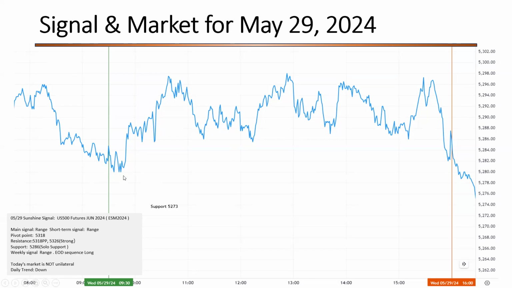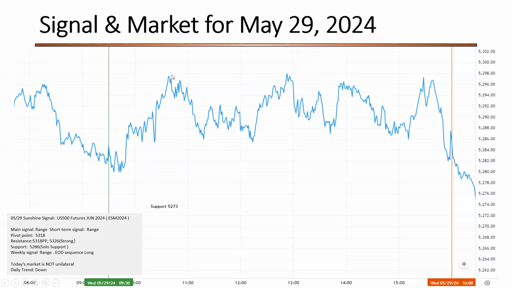So here, when the market bounced up towards 52.90, some people might have tried to short here, but if they had a 10-point stop loss and could weather through this volatility, they still would have made money towards the end of the day. But you could have been stopped out during this.